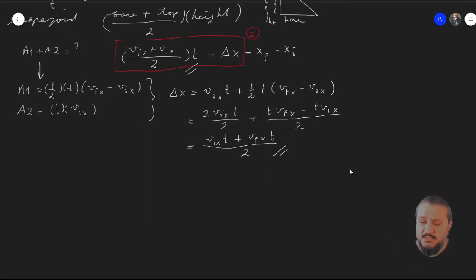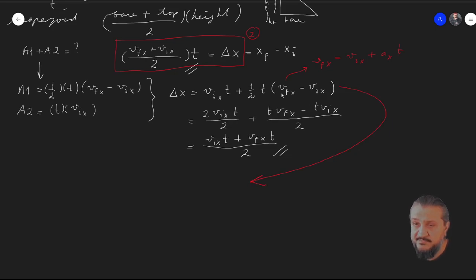Let's do this though. Equation number 1 tells me what v final x is. Okay, so this v final x from equation number 1 is equal to vix plus ax t, right? So why don't I plug that in, that expression, okay? So I'm going to take this now and rewrite it.